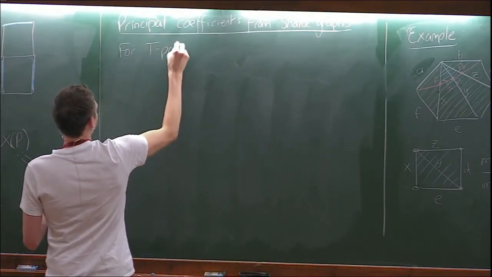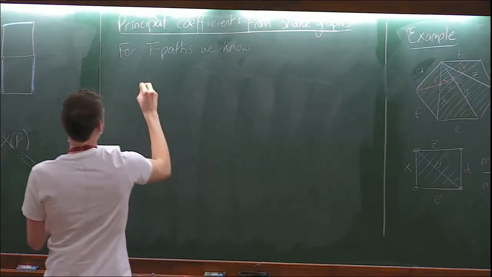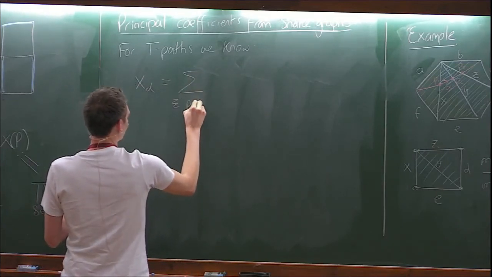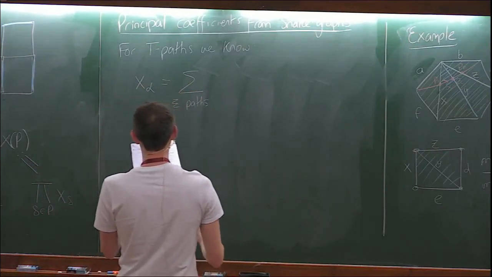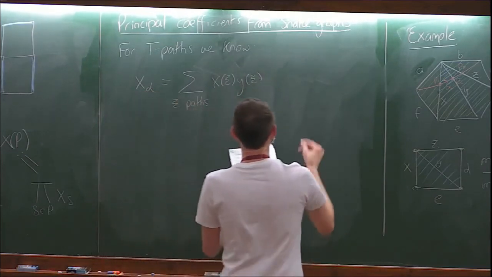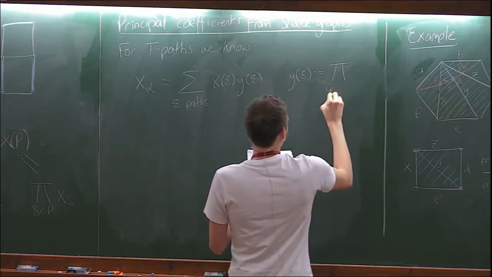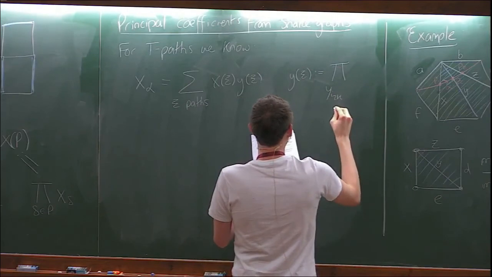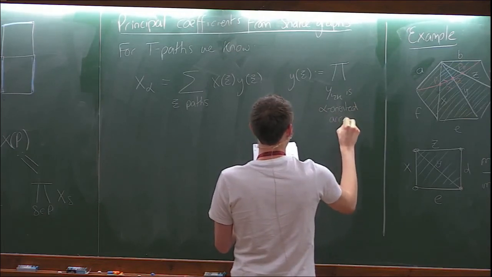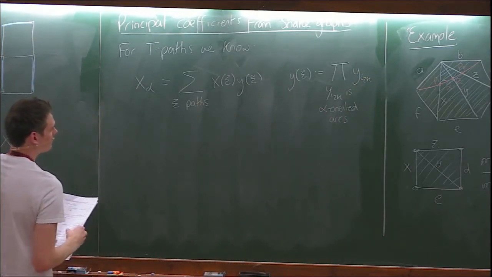Right, so for t-paths, as I just said, we know that x of alpha is equal to the sum over the complete t-paths, where y zeta is defined to be the product over all alpha-oriented arcs.